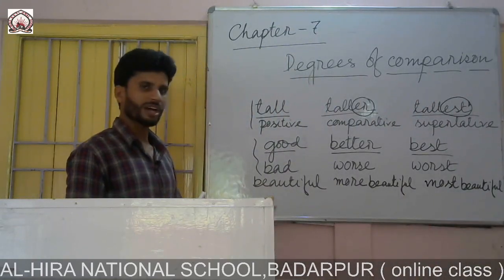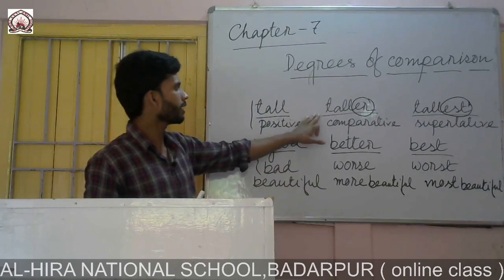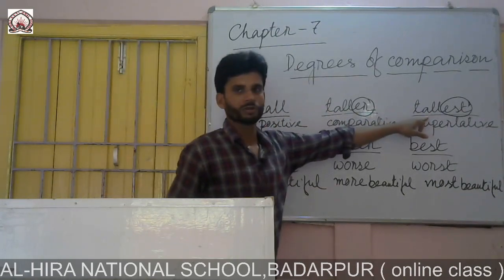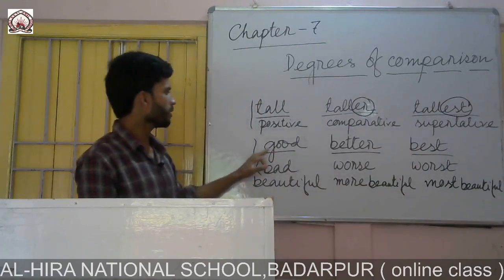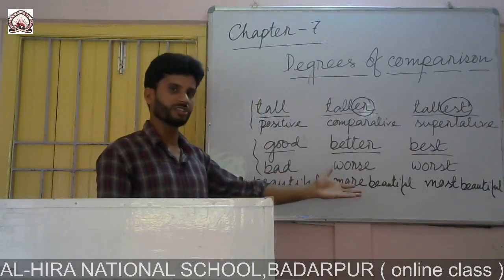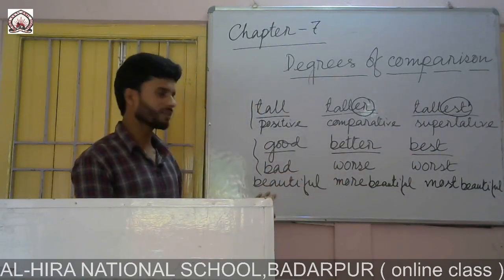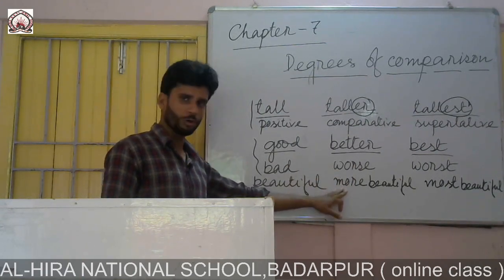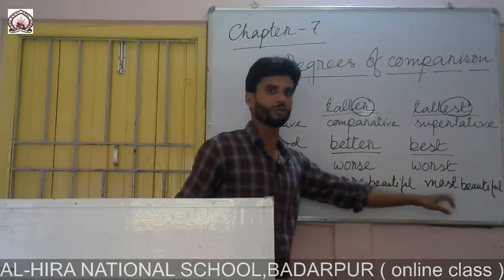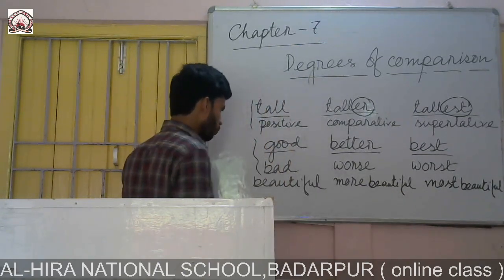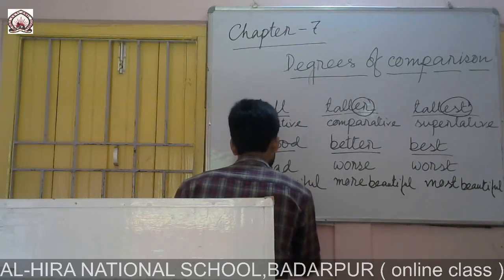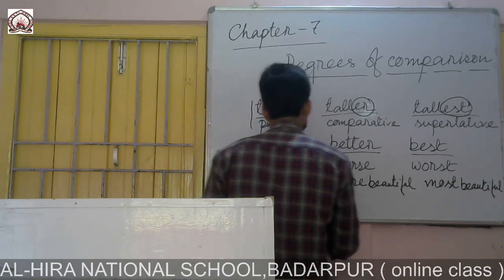So, in some cases what happens, we add er to make comparative and est to make superlative. In some cases the words completely change, and in some cases, to make comparative we add more, and to make superlative we add most. Let us write one more word here, like useful or wonderful.